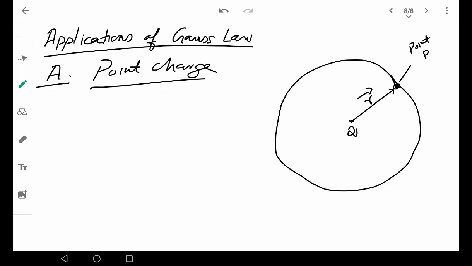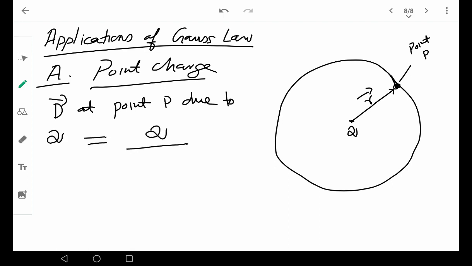And the flux density at point P due to Q equals Q by 4 pi R square aR, where aR is a unit vector in the direction of R. That's how you find out the flux density at a point P due to a point charge Q.